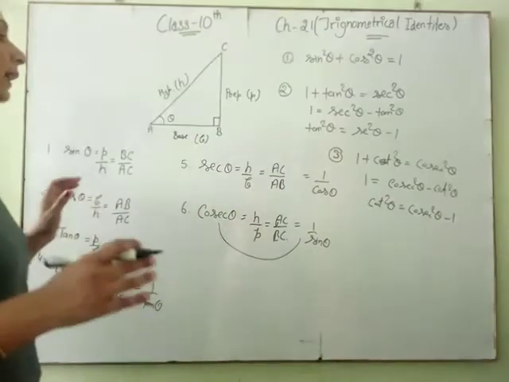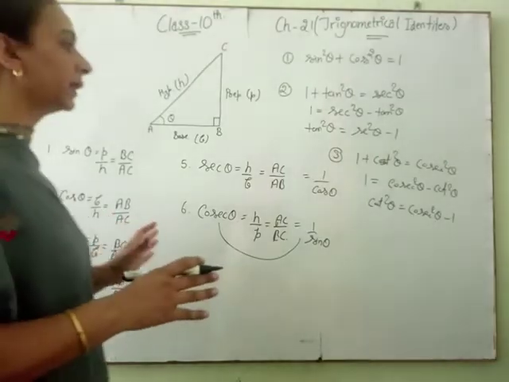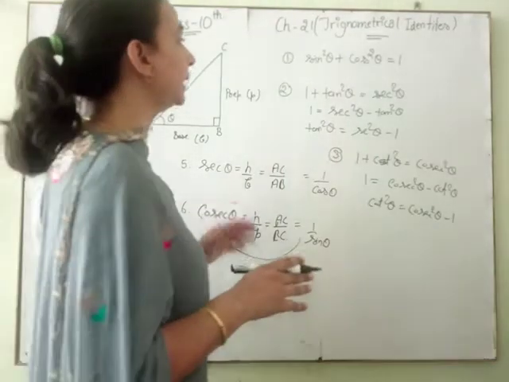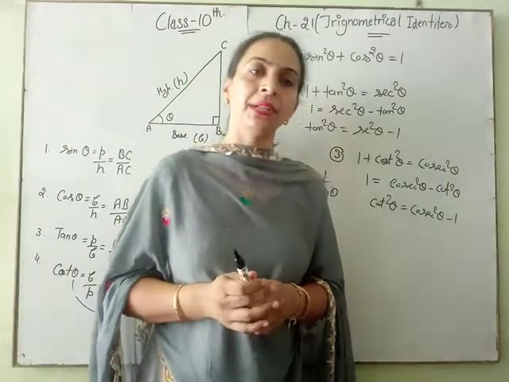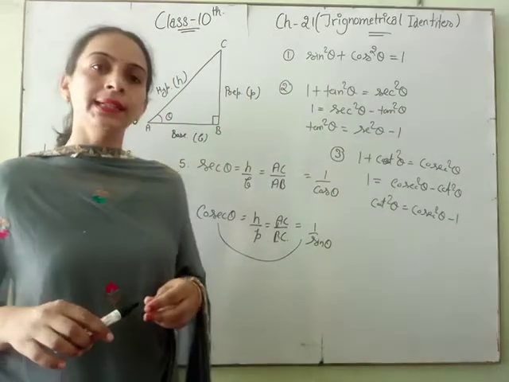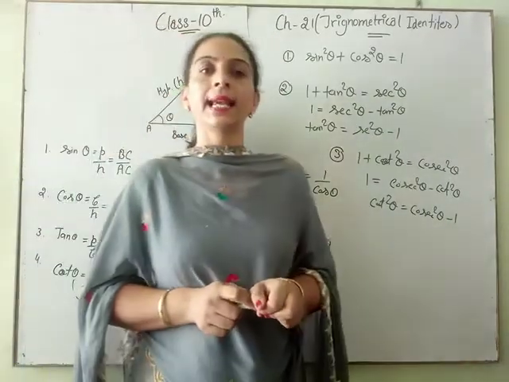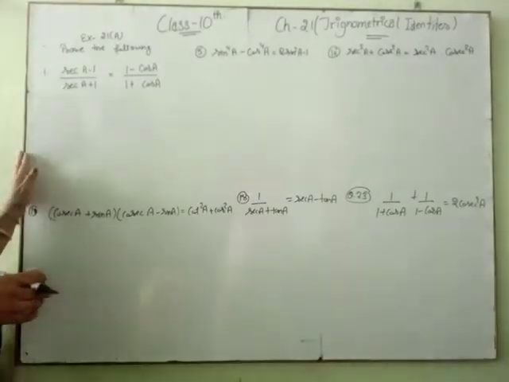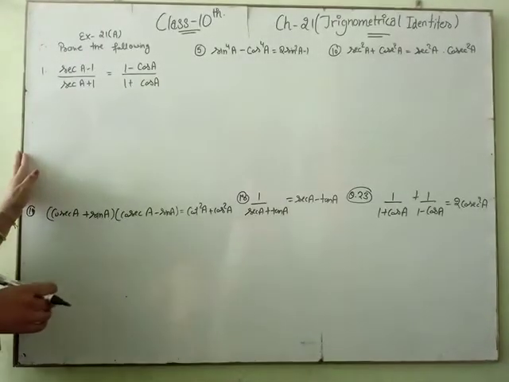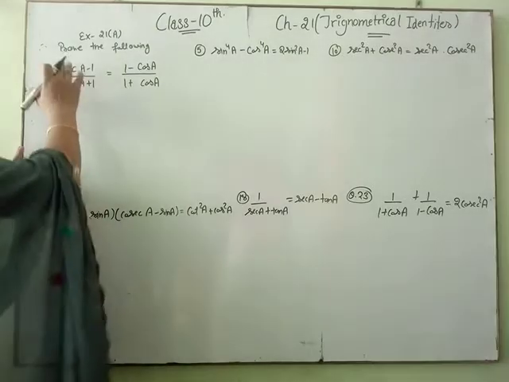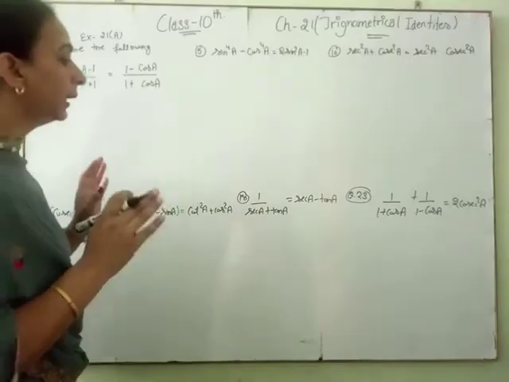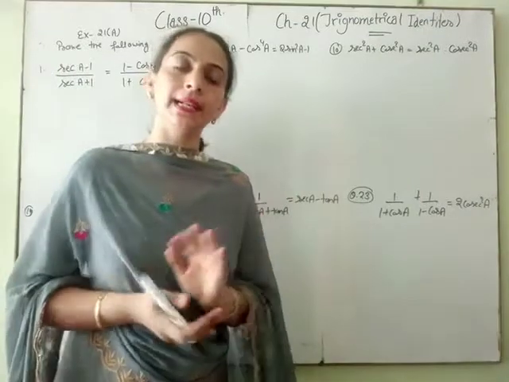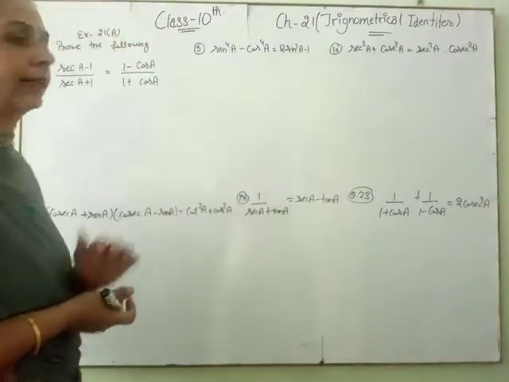We learn these rules, and after that use these results to solve our questions. Now I will take some questions from exercise 21A. In all the questions, prove the following, meaning we have left hand side and right hand side.